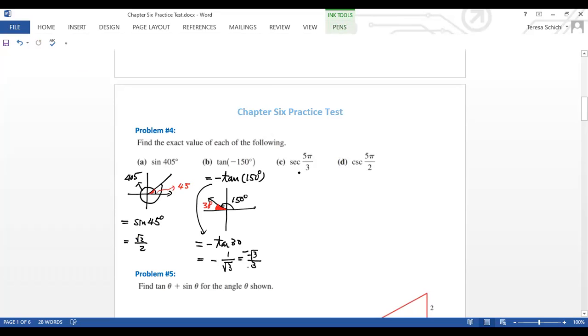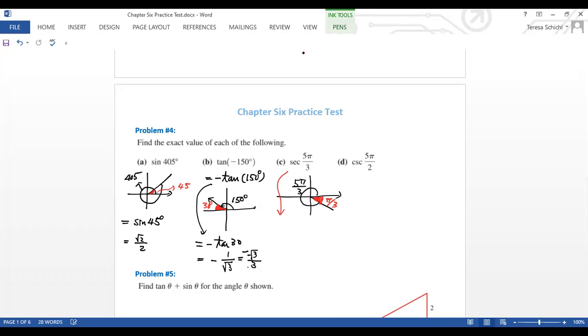Okay, let's take a look at the second one, secant of 5 pi over 3. The same way, 5 pi over 3 means you circle all the way to here, right? So this black one is 5 pi over 3. So what is my reference angle? My reference angle is here, pi over 3.